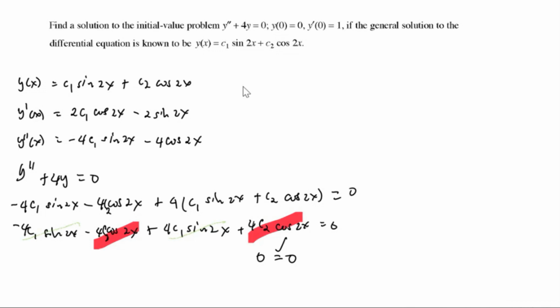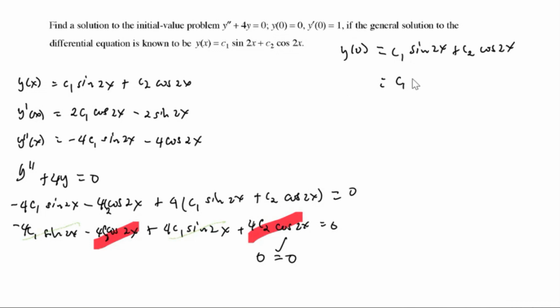Now this time we're going to satisfy as well the initial value problem. So to do that, we have y sub 0 is equal to, using the y of x, c sub 1 of sine 2x plus c sub 2 of cosine 2x. I will replace x by 0.